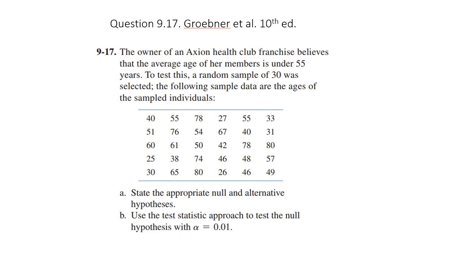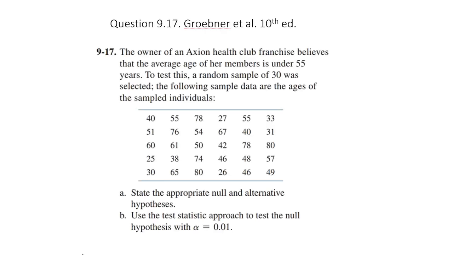Okay, the first part is quite straightforward. We are dealing with a mu, which is 55, that's the mu. And if you read the question again, the owner believes that the age of her members is under 55 years.